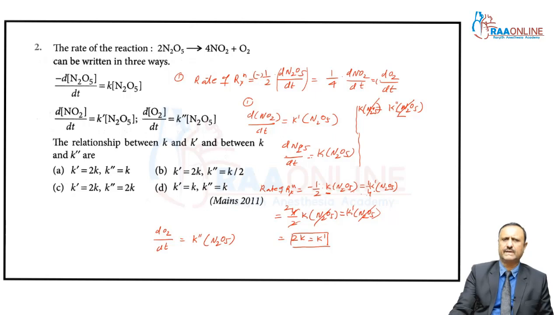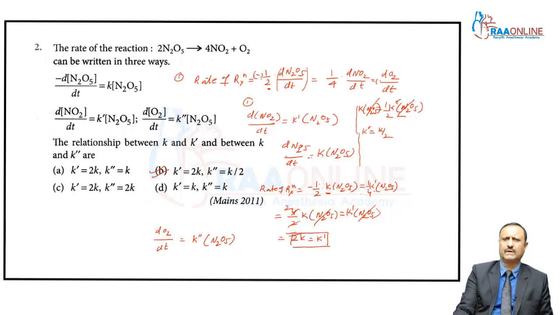Now my dear students, 1/2 is also present. So when you get only K double dash, you can write K double dash is equal to K by 2. So in this way you can get the answer B, because 2K is equal to K dash and K double dash is equal to K by 2, you can get by this relationship.